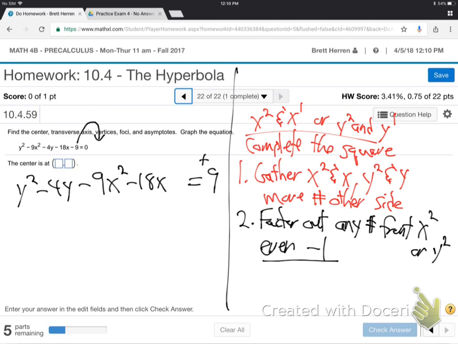What if there was no 9 there? I would have to factor out -1, because if there's anything in front of x squared or y squared other than +1, you've got to factor that out, even if it's just a minus sign. That's really a -1 in front of x squared, and you've got to factor it out. So that's a trick here.